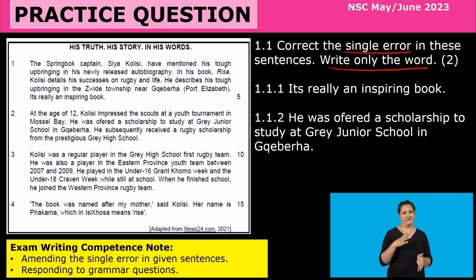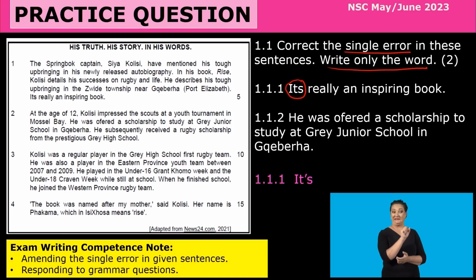So it's really an inspiring book, all right? So in our first sentence, we are looking for the error, which is identified as its. Now remember, this one is not appropriate for the sentence because it's means it is, the contraction of the word, and not the word used in that form.